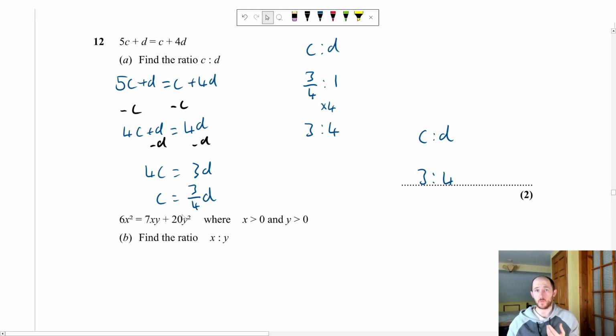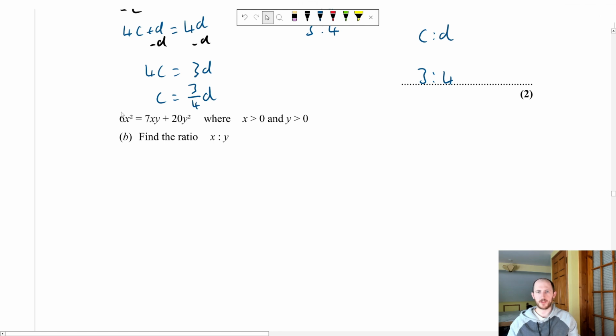Either one of those methods works, but essentially all you're trying to do is work out how many times bigger one letter is than the other. In this case, c is 3/4 of d, so I've put that into the ratio, and then I've timesed both sides by 4, because we don't have fractions inside ratios. And that's how I've done it. In the same way that you can just look at it from this line if you'd like, but either way works. This way is more mathematically sound, it's not as much of a shortcut.